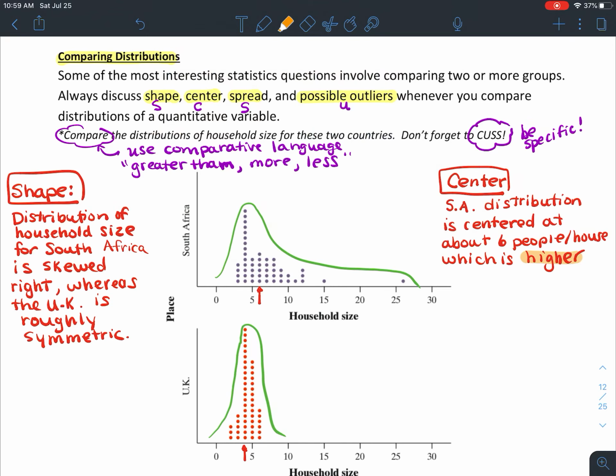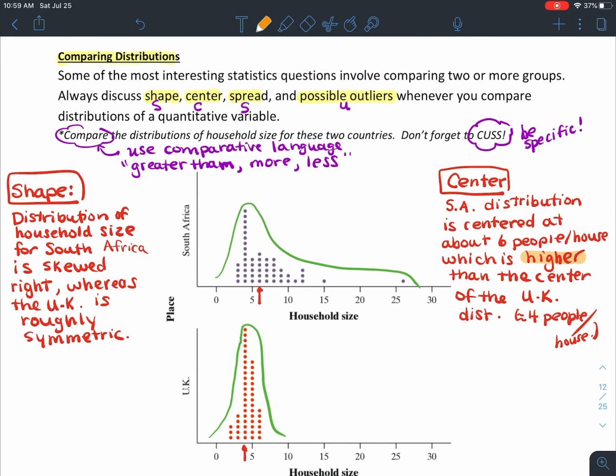Ooh, I'm going to highlight that. They will look for that when they grade your AP test, that you used this comparative language. It's higher than the center of the UK distribution, and then I'm going to say what that is. 4, I'll say approximately, I'll put those wavy lines, 4 people per house, okay?